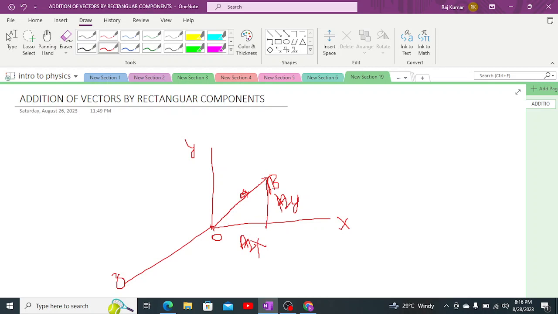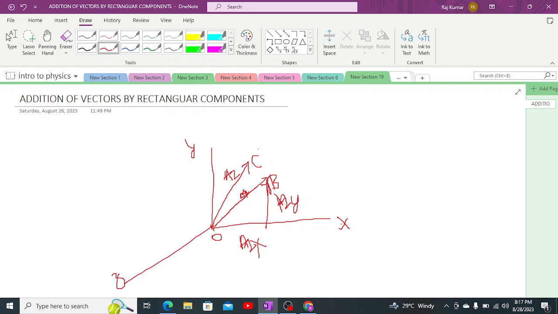Now I want to add vector a1 with vector a2. Suppose I'm drawing another vector over here. So suppose this is vector a2, and this vector has its line as OC.